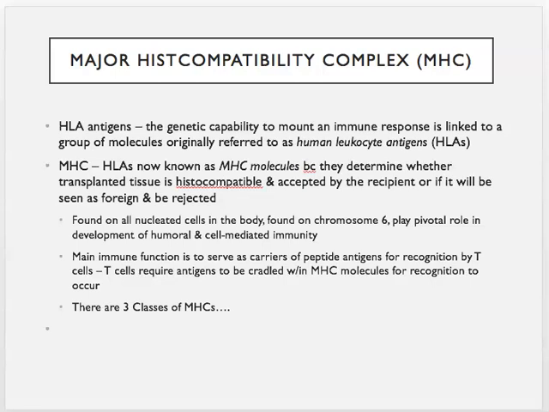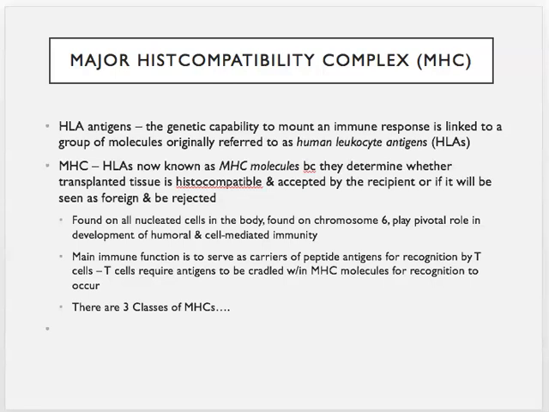Your class 1 MHC is involved in antigen recognition by T cells. It's expressed on all nucleated cells in the body, but there could be some variations based on cell type. Your class 2 MHC is involved in antigen recognition by T cells, found primarily on antigen presenting cells like your B cells, macrophages, dendritic cells, and some T cells.